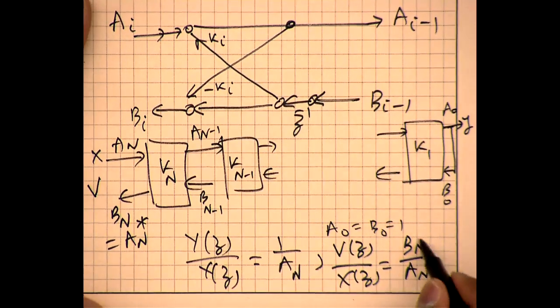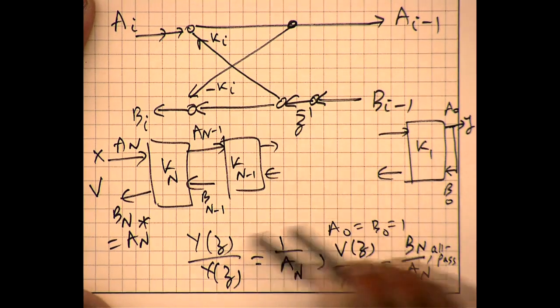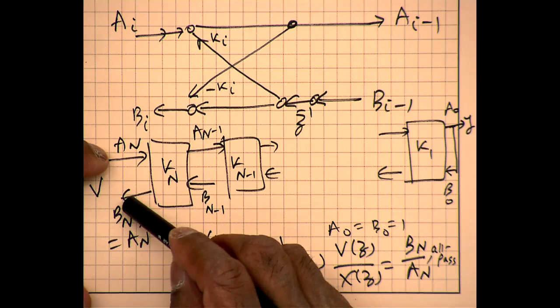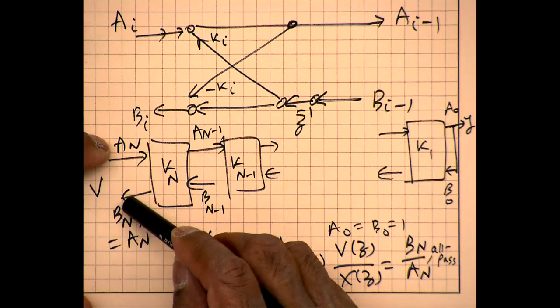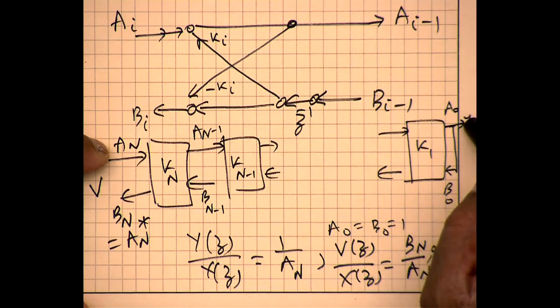Remember, Bn is the reverse polynomial of An, so this will be an all pass if the numerator and denominator coefficients are in reverse order. If this is the input and this is the output, that will implement an all pass IIR filter. If I take the output here, that will be an all pole IIR filter.